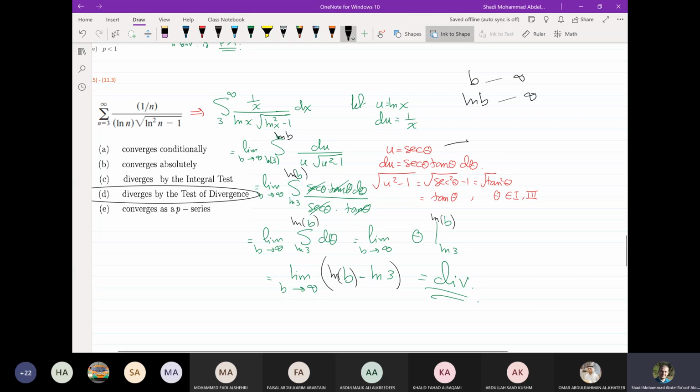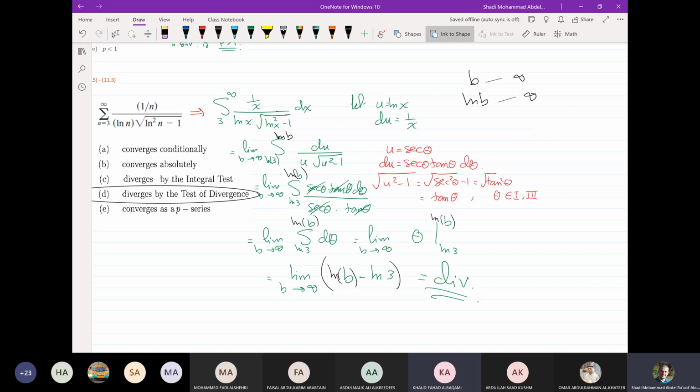You mean here, if you want to find it in terms of theta, it will be secant inverse of u, right? So if u equals ln b, it will be secant inverse of ln b, which is just a constant at the lower bound. We are looking for infinity. It will be also infinity.